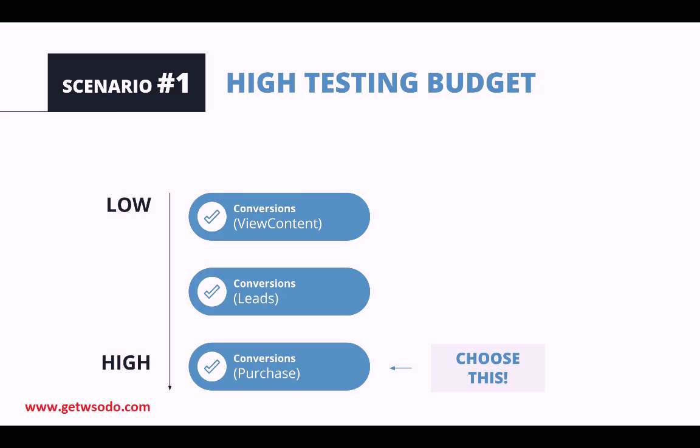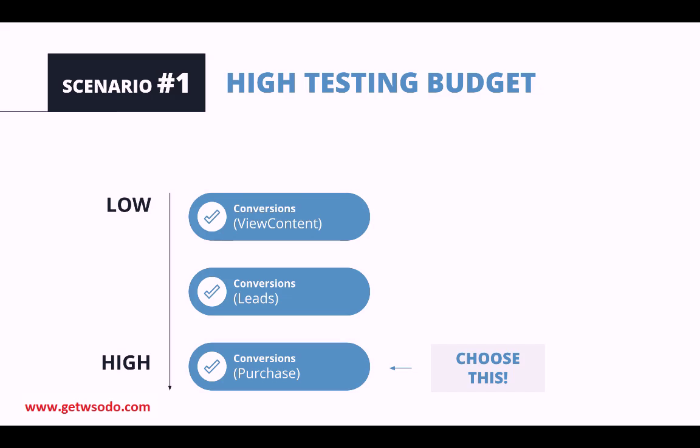So let's say that your offer pays $10 on a lead submit. Then in order for you to get 10 of those in a day, you might need to spend whatever it is, $80 or something, or maybe even $100 and break even. So a higher testing budget, you can go for a higher conversion point.